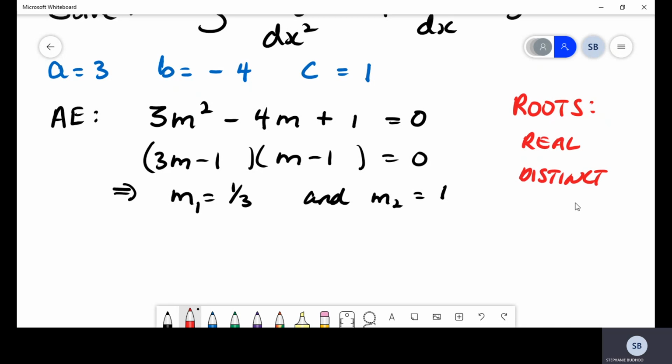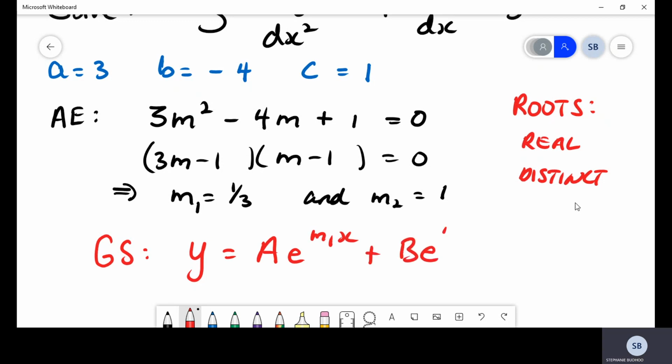our general solution will take a special format. For this type of equation where we have real distinct roots, the general solution is of the form y equals a e to the m1x plus b e to the m2x.